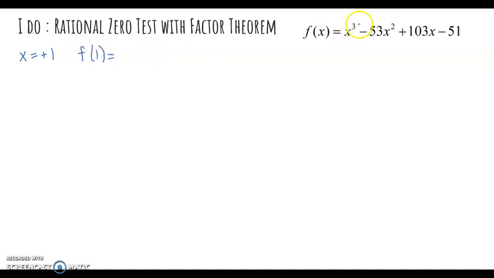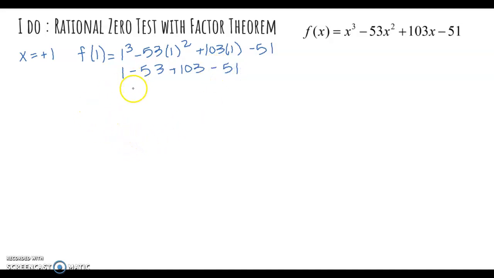So we've got 1 to the third power minus 53 times 1 squared plus 103 times 1 minus 51. So we get 1 minus 53 plus 103 minus 51. So we get negative 52 plus 103 minus 51, which gives us negative 103 plus 103, which means this is 0.